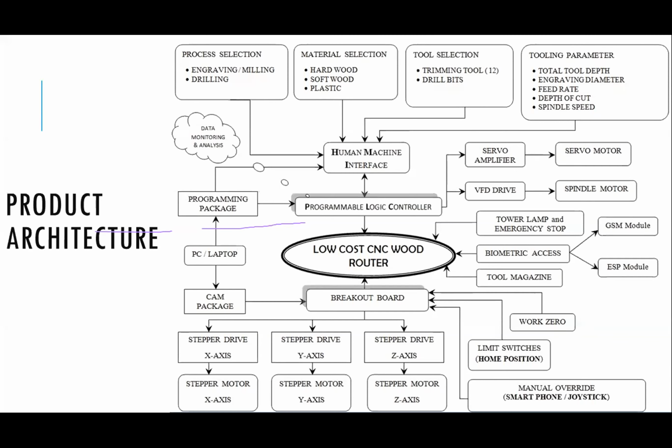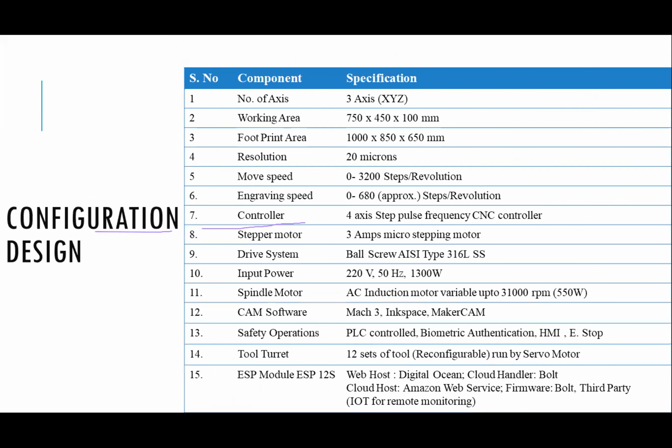What modules do we need? What sensors do we need? Everything has been taken into the product architecture, so these will address the need of the customer. With this, we made a configuration design.